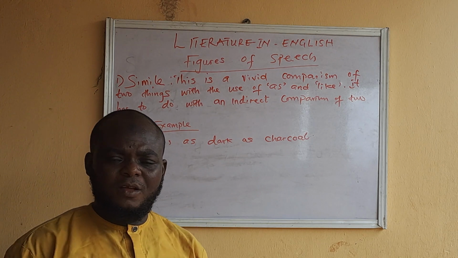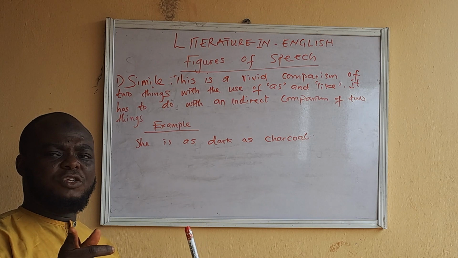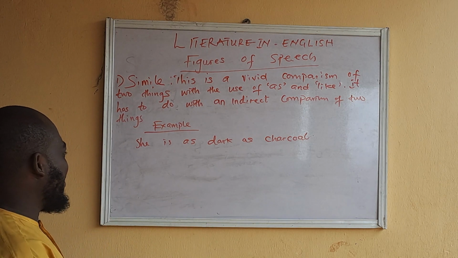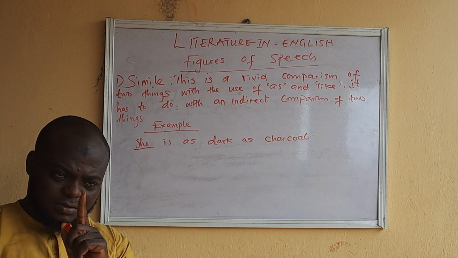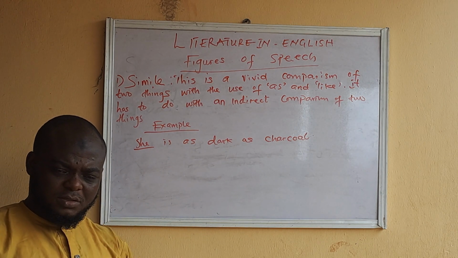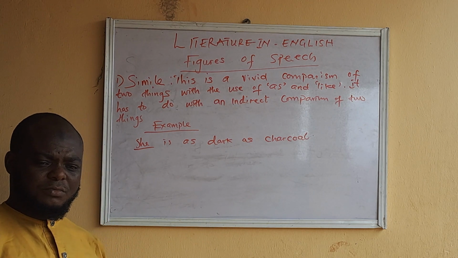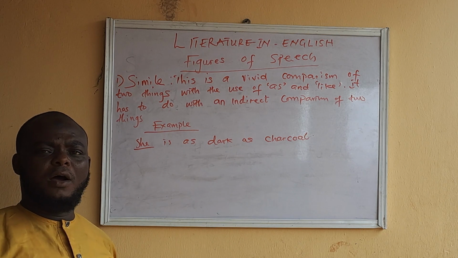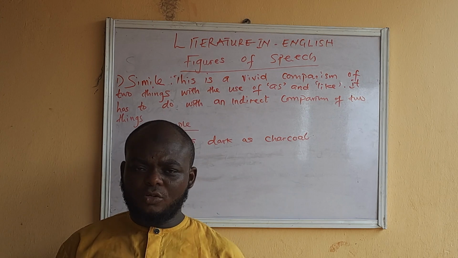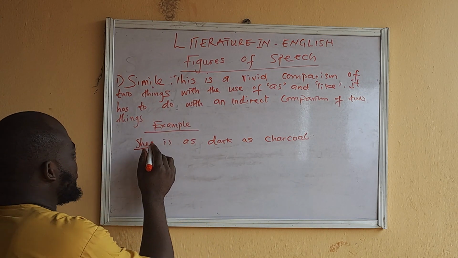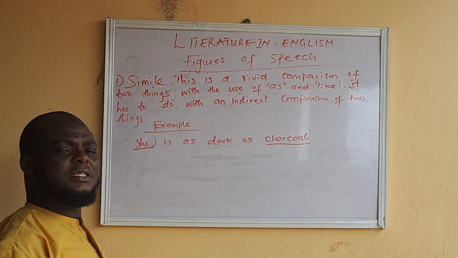From the definition of simile I just gave, you discover we are trying to compare this she, a female person. We might be talking about a person whose name is Roima, Amana, Jumoke, or whatsoever. So we are trying to compare this person with this object.